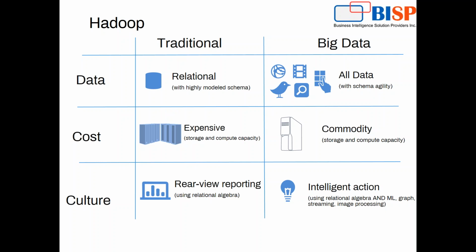You want to run a marketing campaign. You can run it instantly rather than waiting for one week, then going back and forth, let's do this campaign, which is pointless in the current world. So you need to take action fast, and you need to take decisive action as well. These are the major differences between traditional and big data tools and ecosystem.